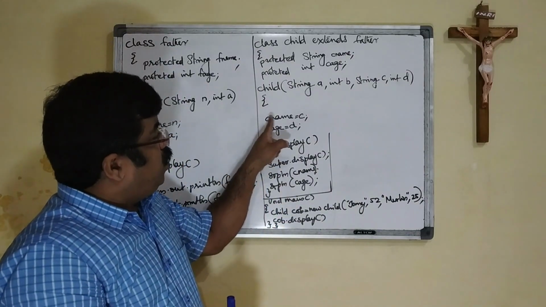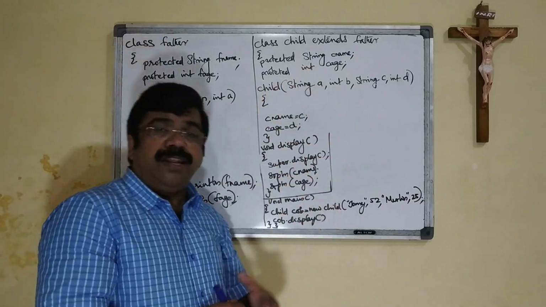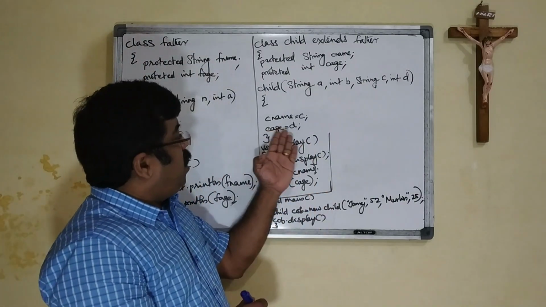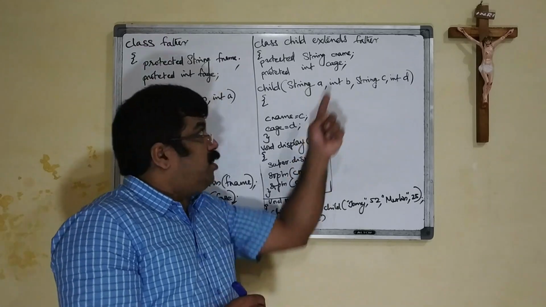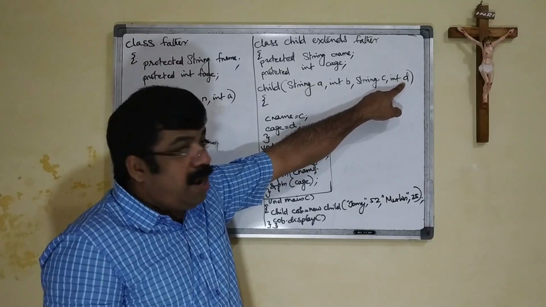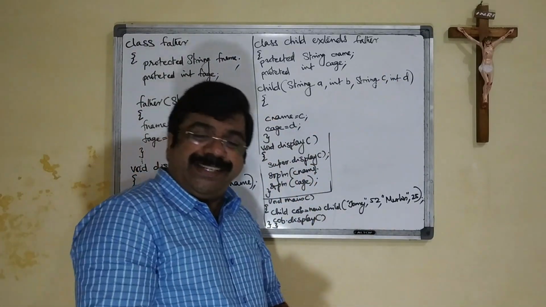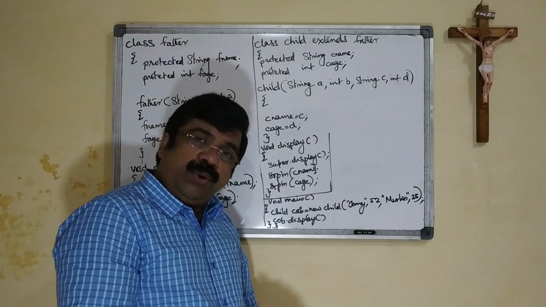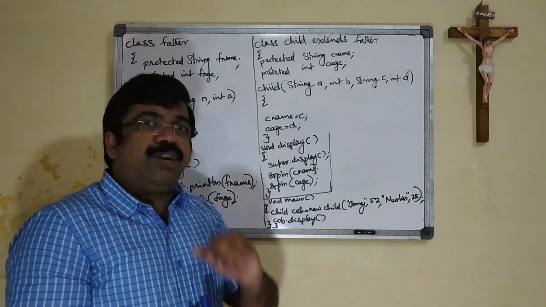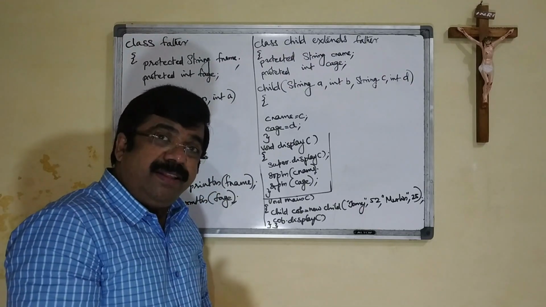We said c_name is equal to C. What is c_name? The current class's child name, a string. c_age equal to D, the child's age. The values of C and D are stored to the current object. Next, the display function. Method overriding we saw in the previous class. What is method overriding?